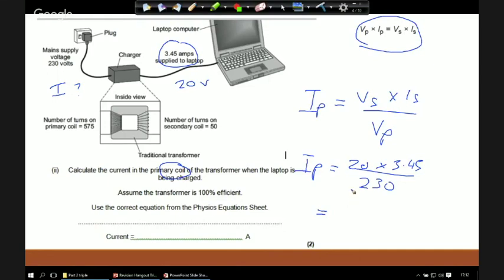There's my calculator. 20 times 3.45 divided by 230, which equals 0.3.